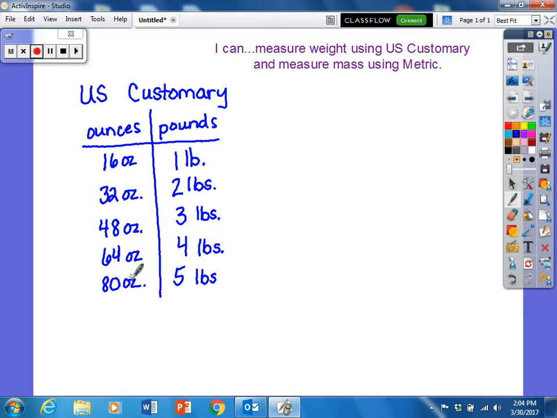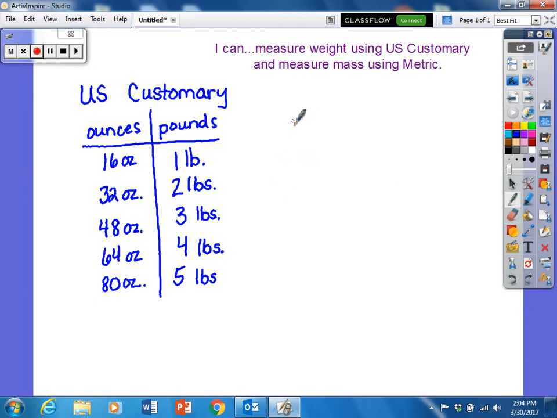So again, we can multiply, or we can just keep adding 16s. So if I wanted to take 16 times 5, 5 times 6 is 30, 5 times 1 is 5, plus 3, that's 80, and that's how I got my ounces over there. Or again, I could just keep adding in my chart.